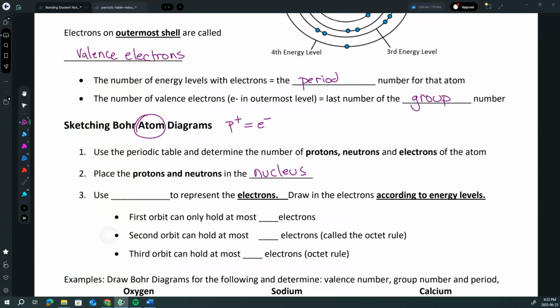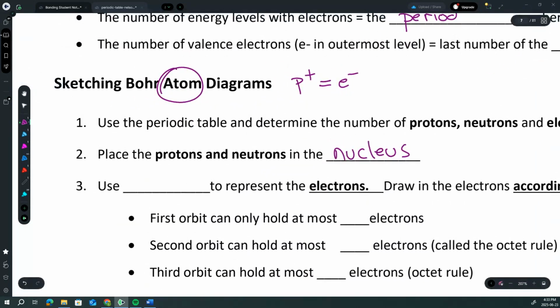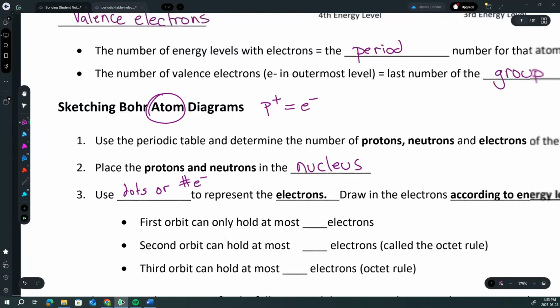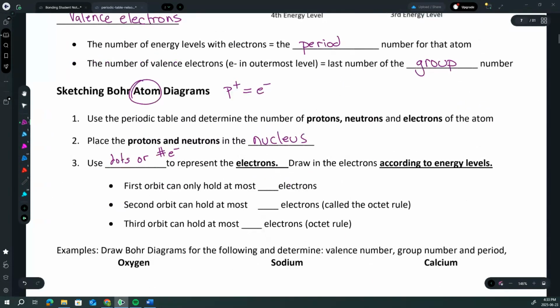You can either use dots or numbers. If you're using numbers, you'd write however many electrons, and then the word electrons.